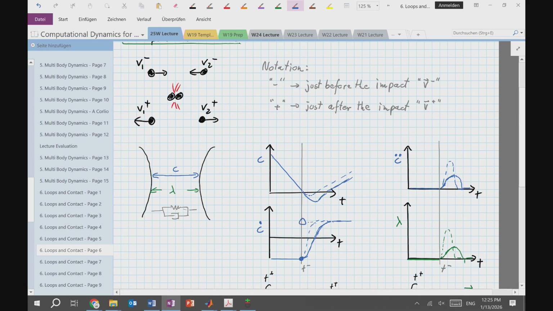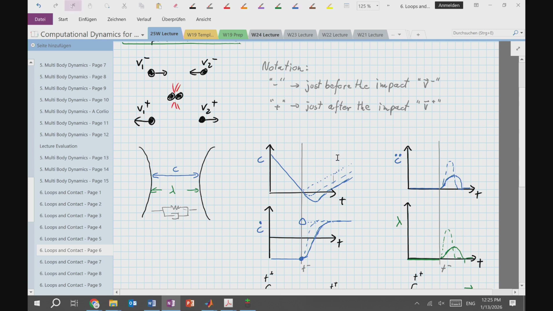I will immediately jump to this final velocity. In terms of position, this means I get a kink. I have the same terminal velocity as in the compliant case, but it happens immediately.